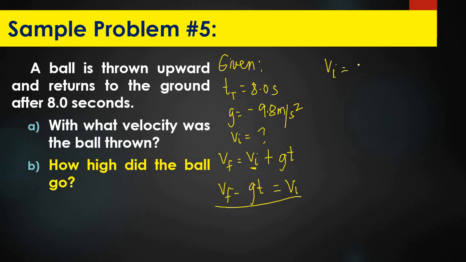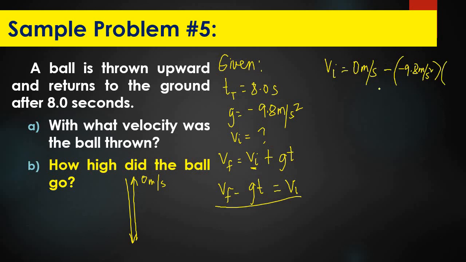Bakit 0 meter per second, sir? Kasi doon siya nag-stop. Kasi, nung tumaas yung bola, na-reach niya yung peak, magiging 0 meter per second. Saka, babalik. So, its final velocity will be 0 meter per second minus negative 9.8 meters per second squared times time.